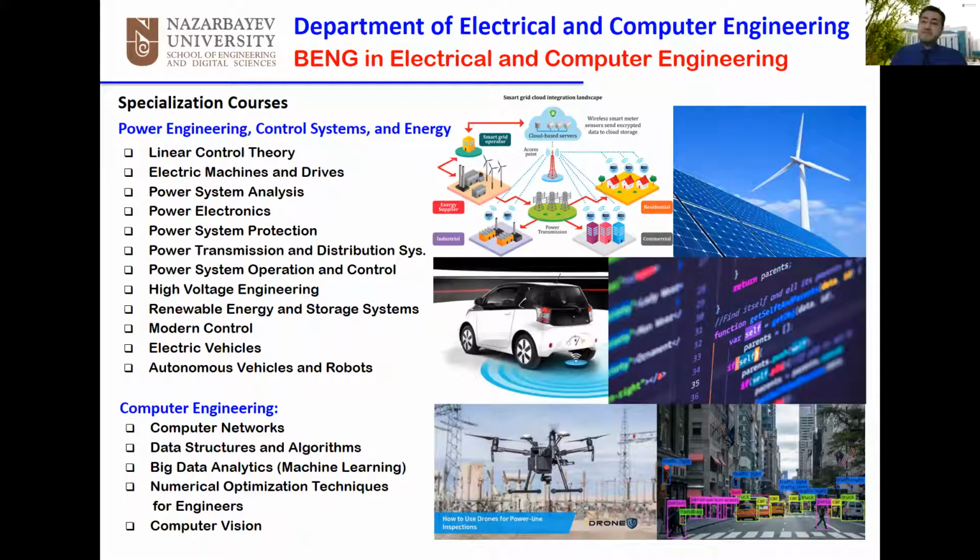By 2050, just within 30 years, you will see a total change in terms of cars, and electric vehicles will replace conventional fossil fuel vehicles. So electric vehicles can be an elective course. And autonomous vehicles and robots. You have seen lots of videos on Instagram and YouTube about autonomous vehicles. These are some of the specialization and elective courses for power engineering, control, and energy systems.